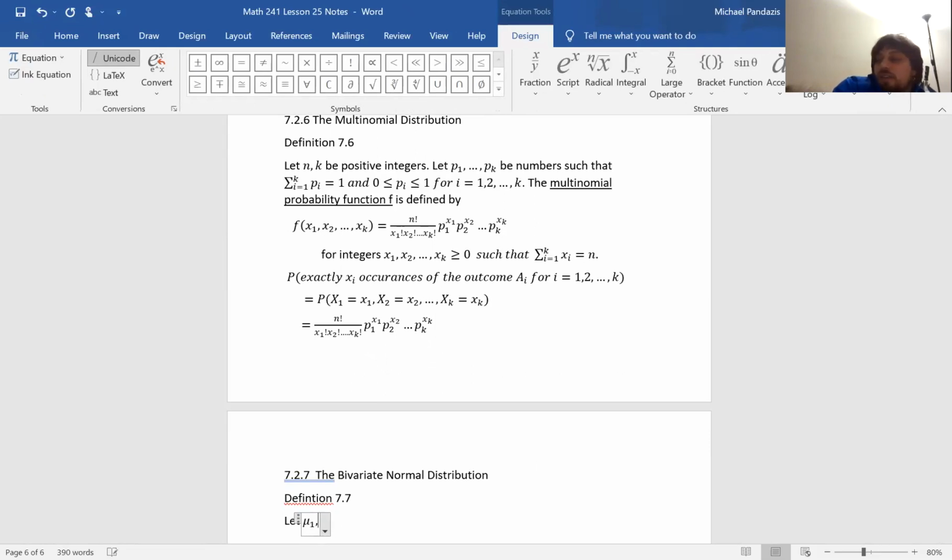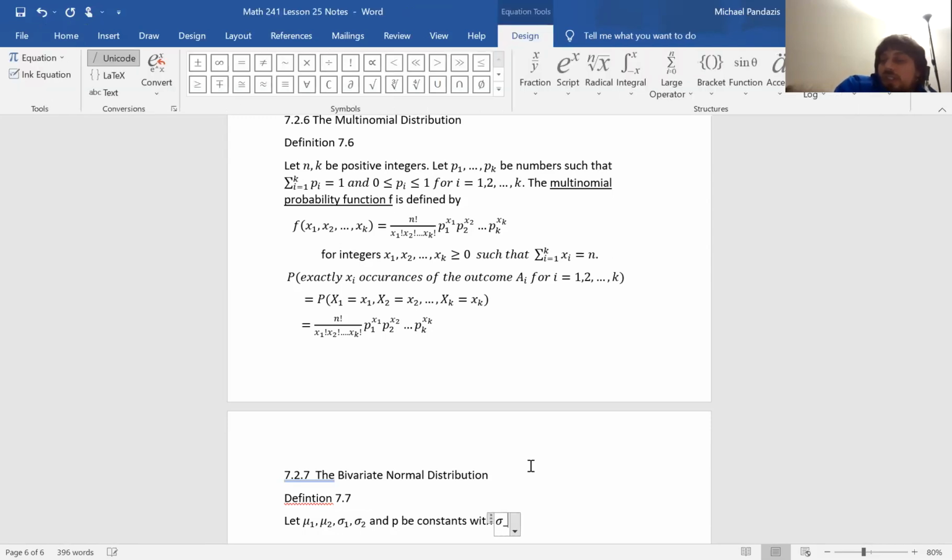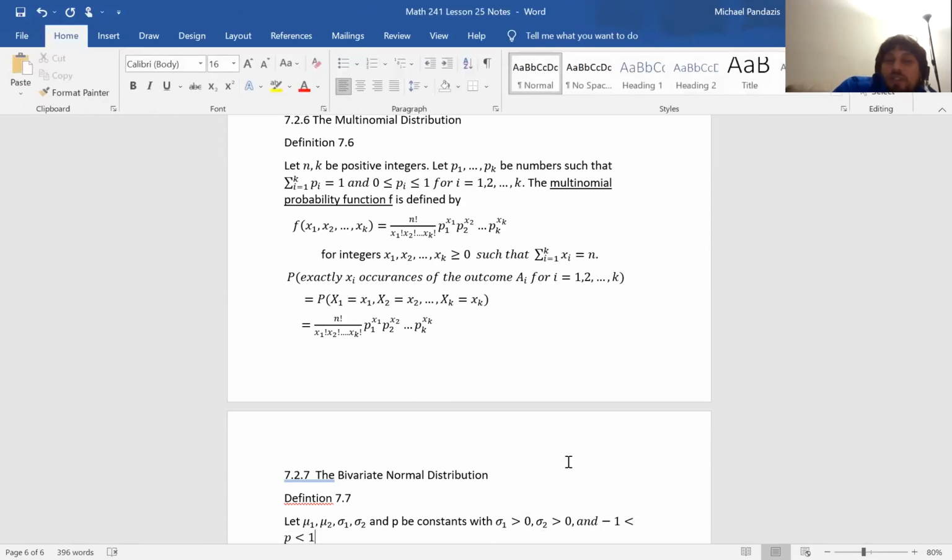Let mu1, mu2, sigma 1, sigma 2, and p be constants with sigma 1 positive, sigma 2 positive, and negative 1 less than p less than 1.